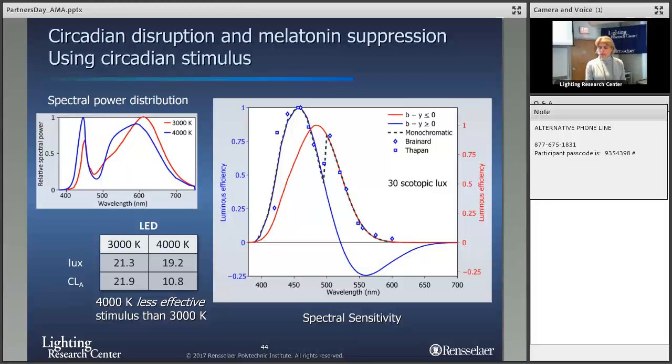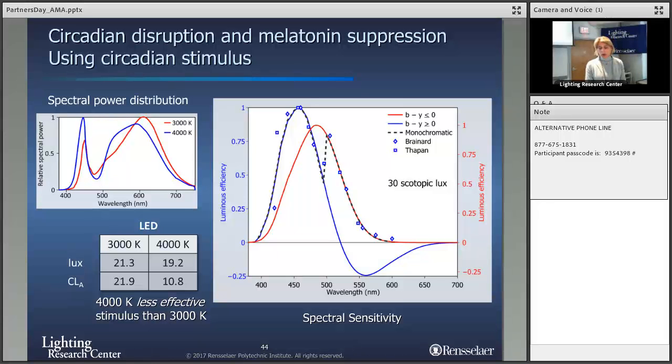We ran it through the model, and in terms of lux levels, they're about the same. So there's no difference. But in terms of the circadian light, the 4000 K is much less effective for the circadian system than the 3000 K.